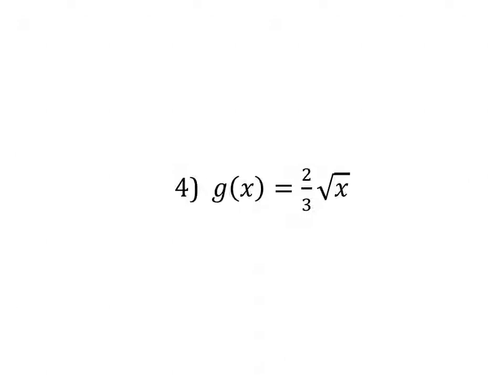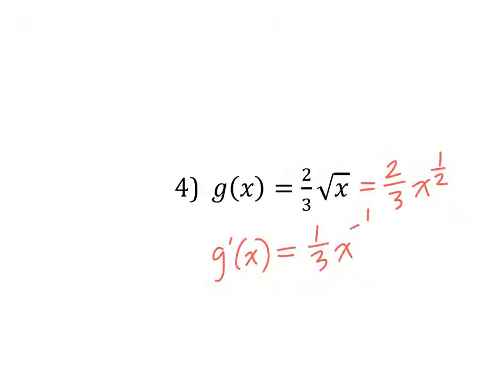I changed the square root to 1/2, so it's x to the 1/2. Good. What is your derivative? It's 1/3 and then x to the negative 1/2. Yes, very good. Please make sure you subtract 1 whole integer. This is a common mistake.